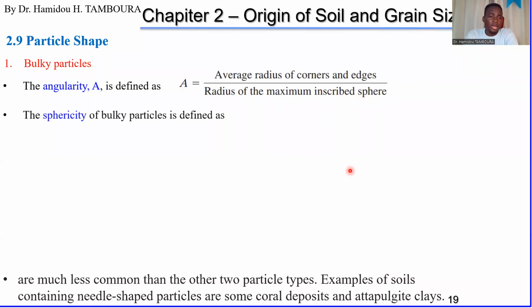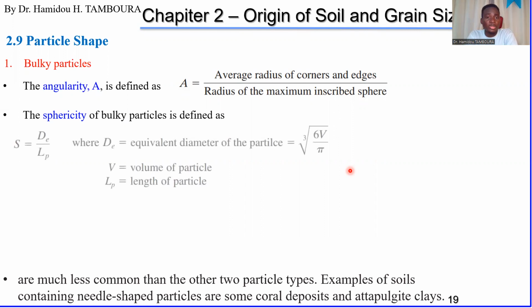Okay, another parameter we can calculate is the sphericity of the particle, which is S equal dE divided by LP. dE is the equivalent diameter of the particle, which is obtained by this formula.